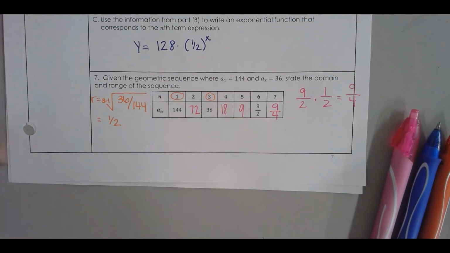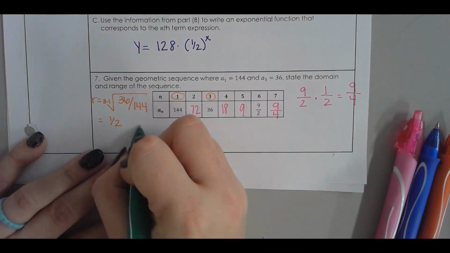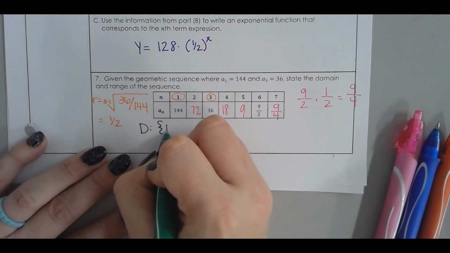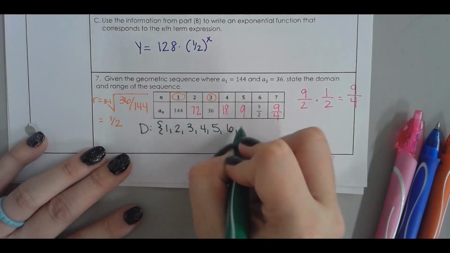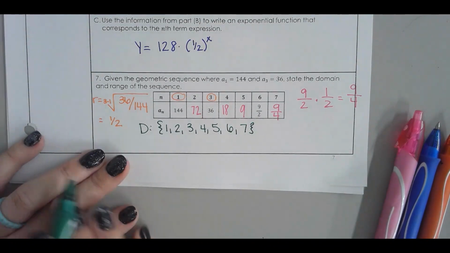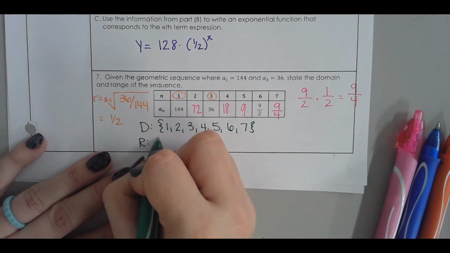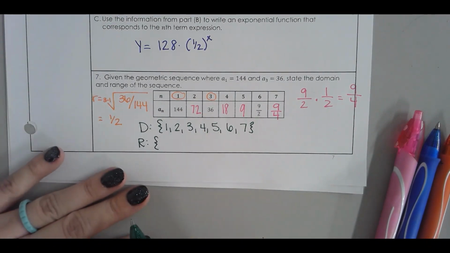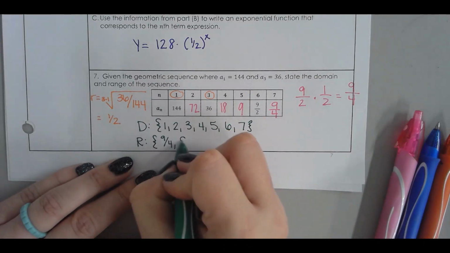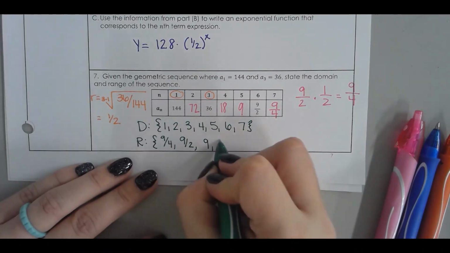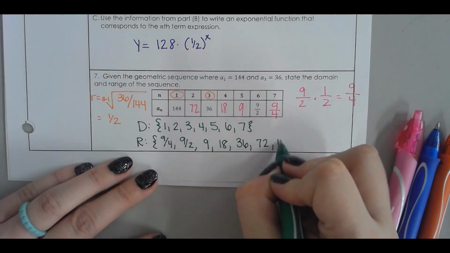So domain and range, again, it's going to be just a straight list, no intervals. So domain is just the numbers 1 through 7. And then range, 9/4, 9/2, 9, 18, 36, 72, 144.